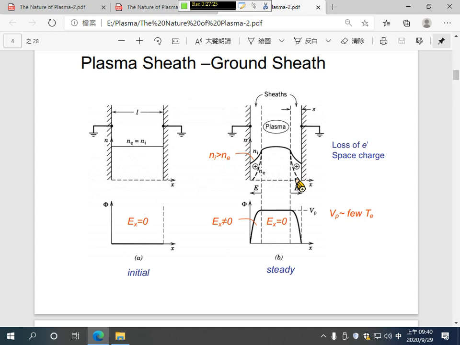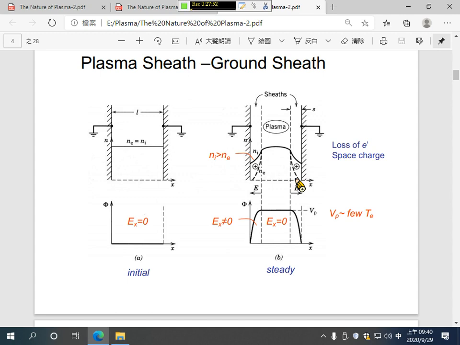Okay. So if we look at the potential distribution, we can find out, if this state is steady, then there will be an electrical field built up in the positive space charge region.